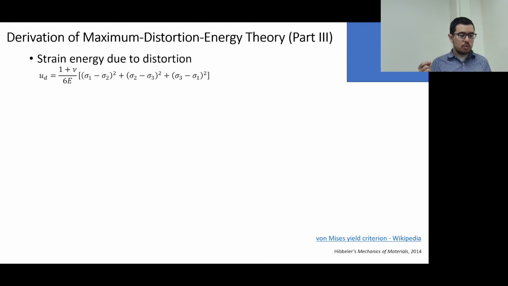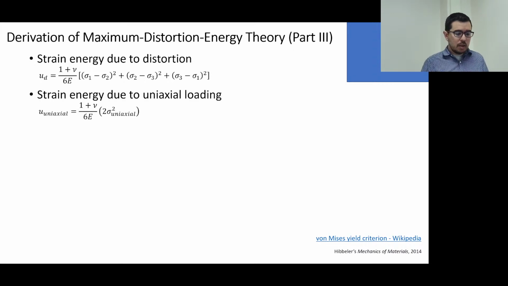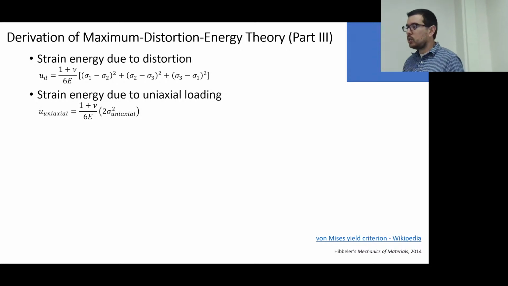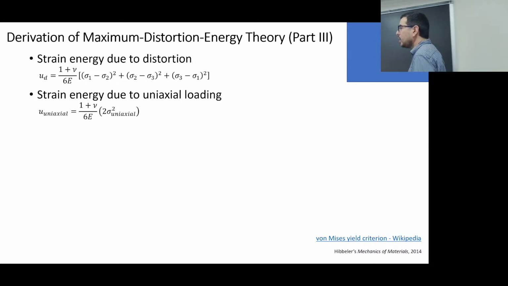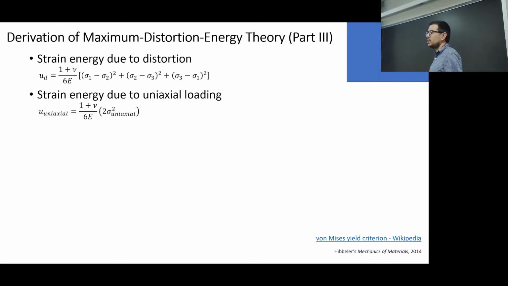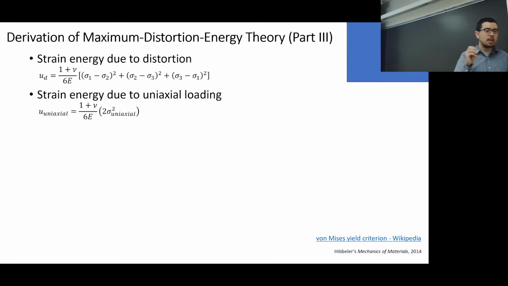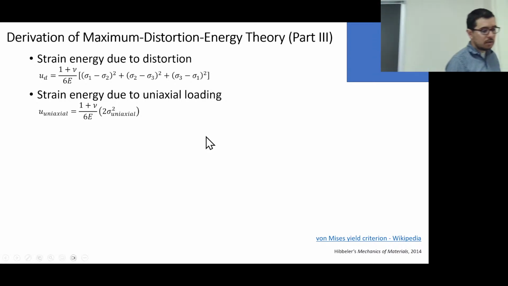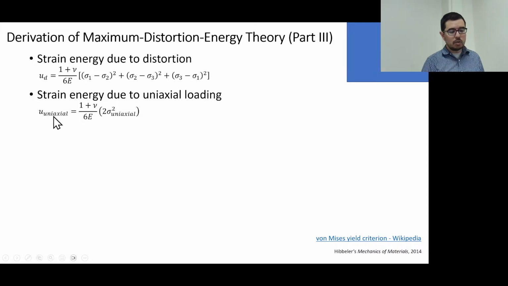So here's the strain energy due to distortion. This is what we just said. I can calculate the strain energy due to distortion by doing what? The tensile test, right? But what is the tensile test? In the tensile test, sigma 1 is equal to a quantity, but sigma 2 and sigma 3 are equal to 0. So I can figure out what the strain energy density is due to uniaxial loading.